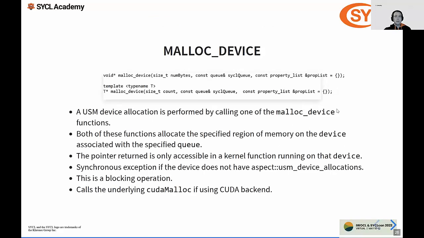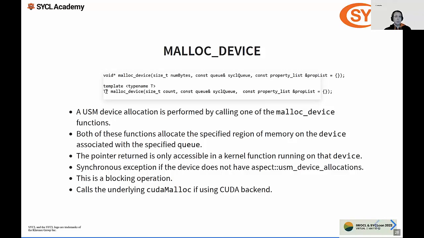So this is an example of a device allocation, where you call malloc_device, which allocates the specified region of memory on the device and associates it with a specified queue. And you get back a pointer which is only available inside kernel functions.